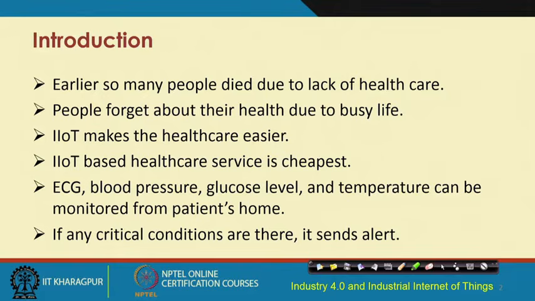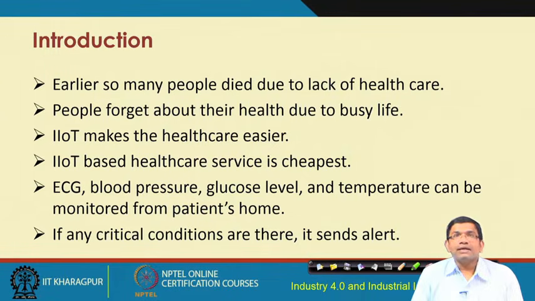So, before I do so, let me give you some points of introduction. Healthcare nowadays has improved. In earlier days people used to die due to lack of healthcare. People used to forget about their health due to busy life, and this has also happened in the recent past. Additionally, the number of diseases has also increased in recent times.